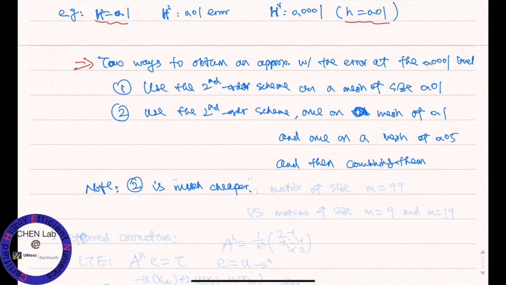Not necessarily a lot cheaper for our example numbers, since 0.0001 is just one example. If you put 10 to the negative 16, for example, then the sizes of the matrices will be very different.